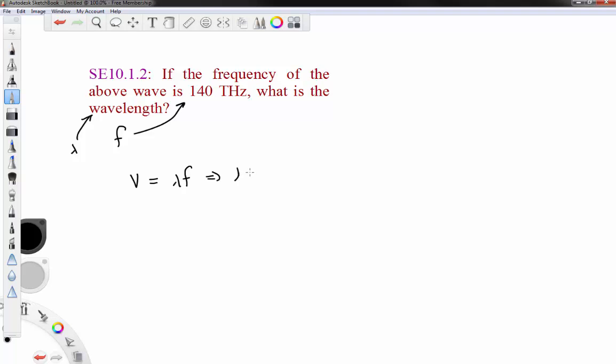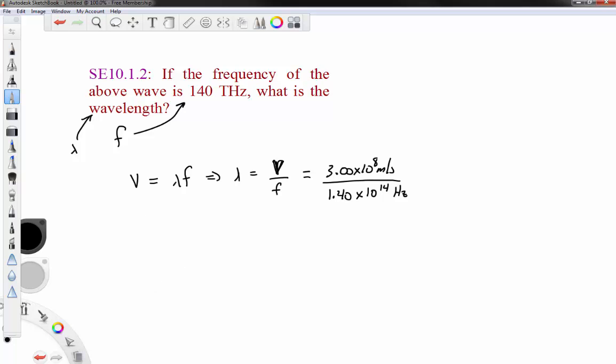So that means that the wavelength is going to be v divided by f. So that would be basically 3.00 times 10 to the 8 meters per second divided by 140 terahertz, which is 1.40 times 10 to the 14 hertz.